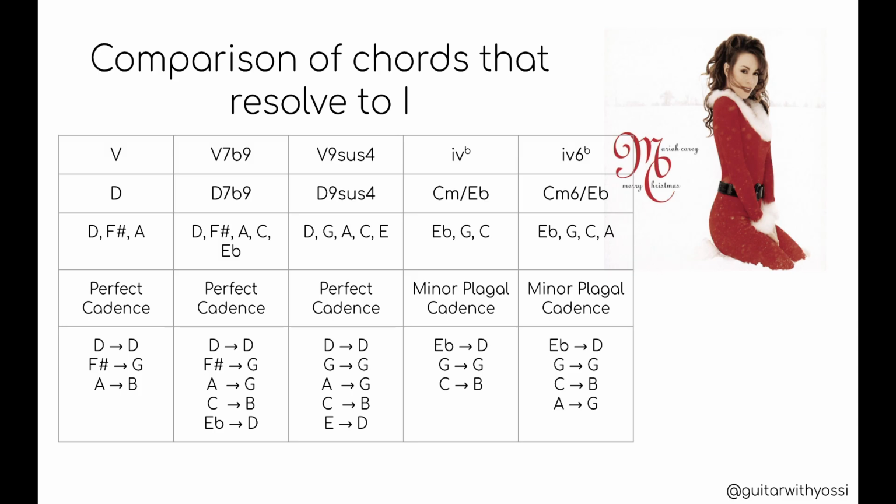This is our 5/9 sus4. So those are 3 perfect cadences that you can use really easily. You could also add in the 5/7.